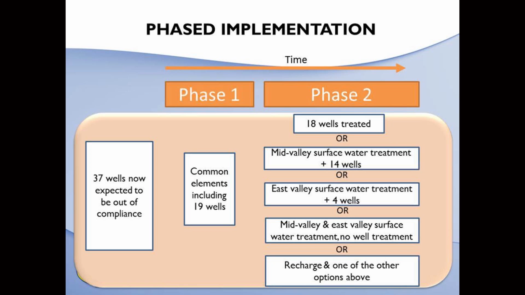And while we're starting the design on those 19 wells, we would finish up trying to figure out if we're going to do surface water treatment, where, and if we're going to do groundwater recharge. And once that's completed, we would implement phase 2.